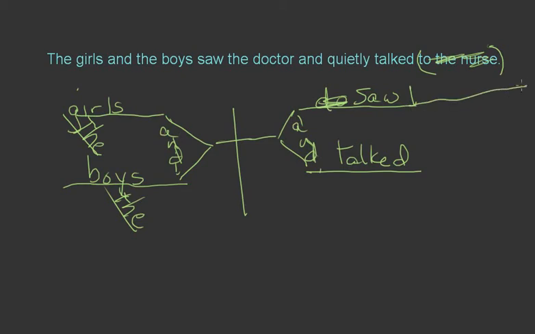Saw has a direct object, which is doctor, and it's the doctor. Girls, boys talked whom or what? No, we don't know what they talked, and we can't use this right now. So we are done, and we have a combination of the subject verb direct object and the subject verb patterns.